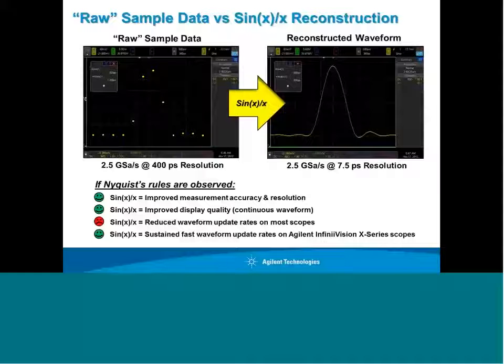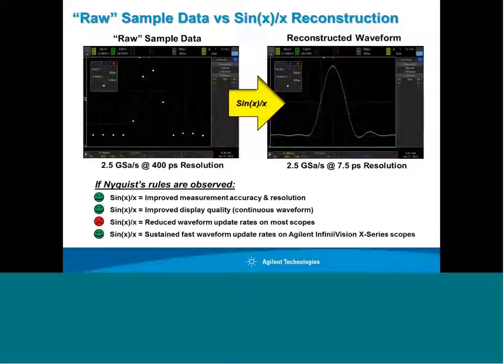If you read the Nyquist theorem, he talks about reconstructing a waveform, and that's done with a sin X over X filter. But the sin X over X filter gives you, first of all, a continuous waveform as opposed to discrete points. It also improves your measurement accuracy.